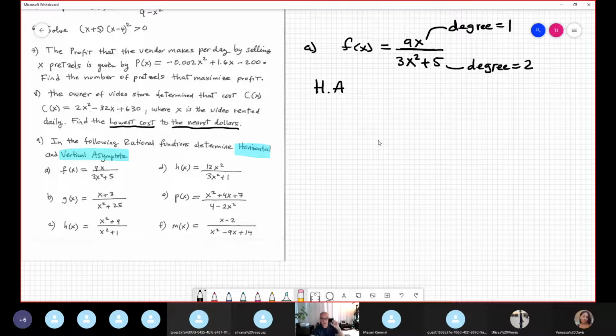So, I remember something. When the degrees are the same, or when the degree of the denominator is bigger than the degree of the numerator, we have a horizontal asymptote. The answer is yes, we have one, and it's special, at y equals 0. Any question? Do you understand this?